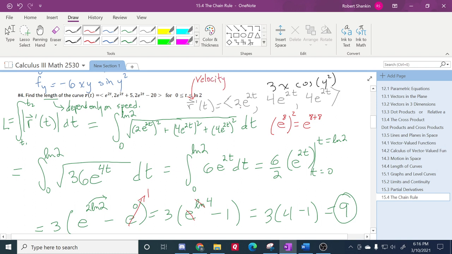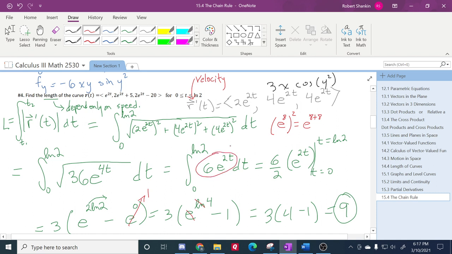Notice the velocity still has direction, the direction you're instantaneously heading at that particular time. When you take its magnitude, you get 6 times e to the 2t. This is the speed.